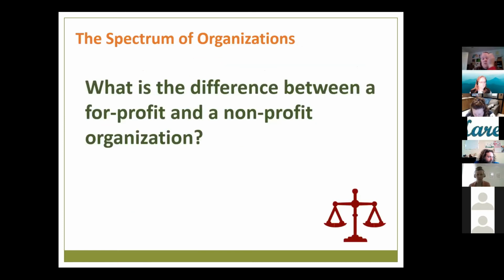And so what I'm going to do is show you some examples of budgets that you can use in different ways to show different kinds of information.